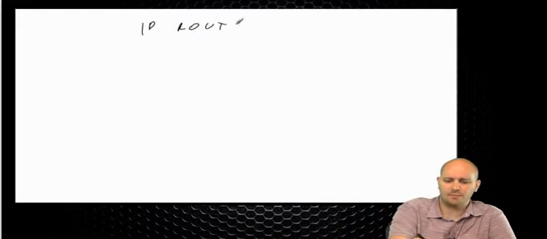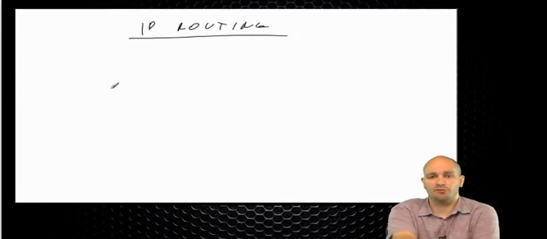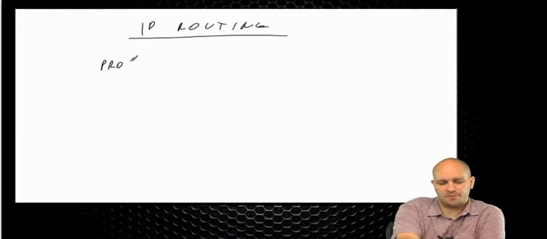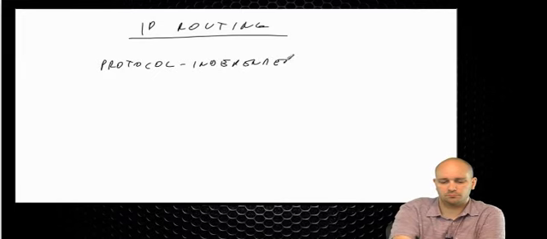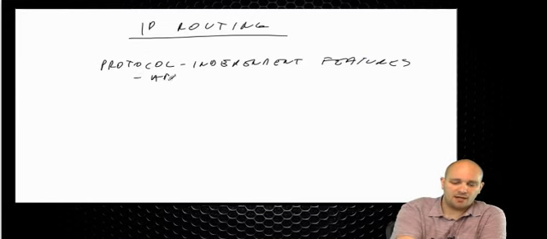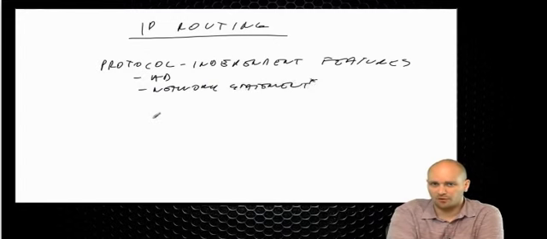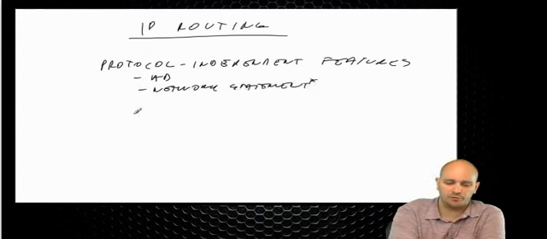When we talk about IP routing for the purposes of the CCIE routing and switching exam, basically what we care about are some of the protocol independent features, and these are things like the admin distance, the network statement, which kind of is protocol dependent, but still I like to talk about it from a protocol independent point of view. We are going to talk about the passive interface concept.